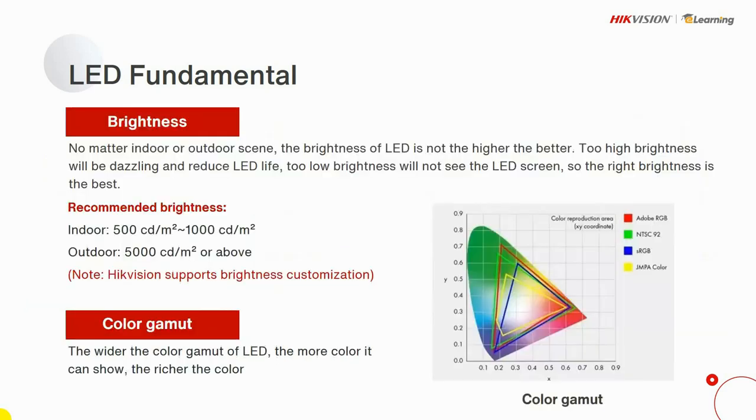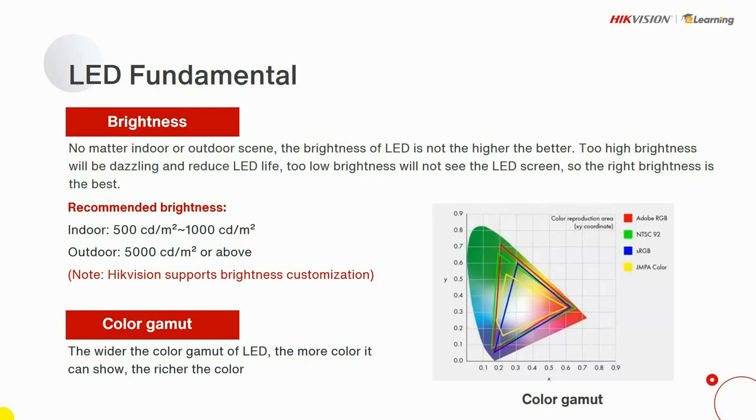Okay? So talking about the lamp, let's focus on the color first. We should first have basic knowledge about the brightness and the color gamut. Since the brightness is not the higher, the better. Too high brightness will be dazzling and reduce LED life.